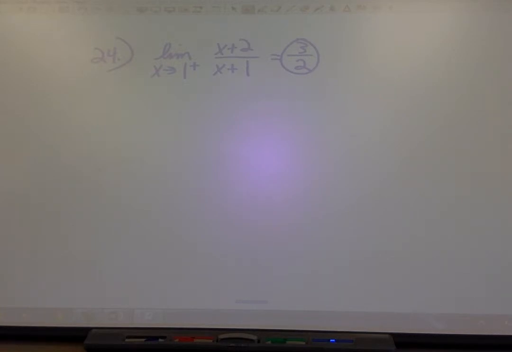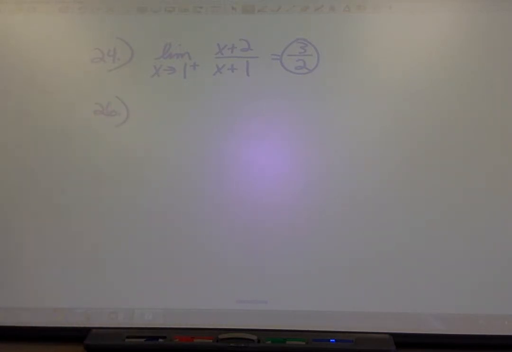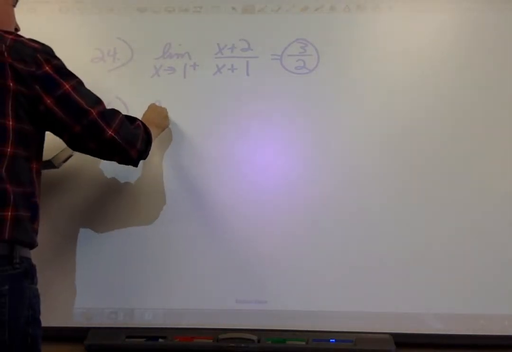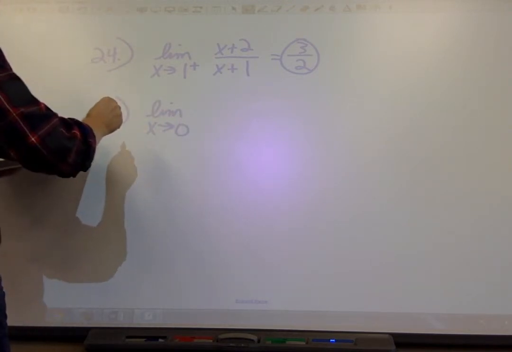One that we might have to think about a little more is 26. Limit as x approaches 0 from the left.